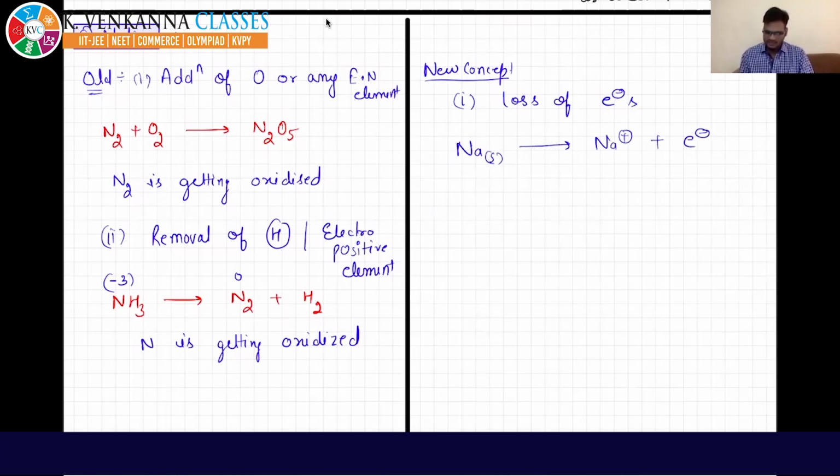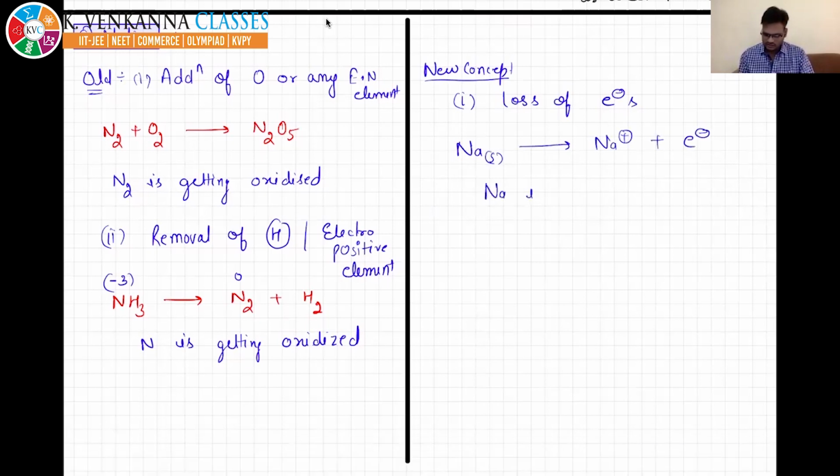In this case, sodium is getting oxidized. So any process or reaction which involves loss of electrons will be considered as oxidation.